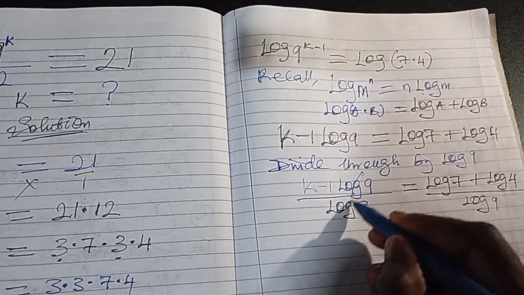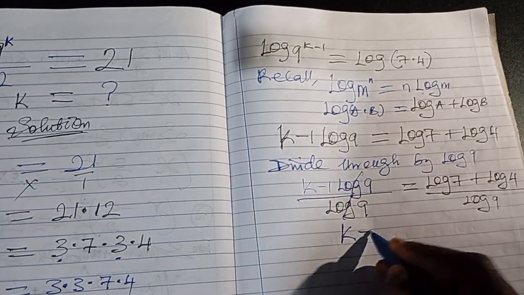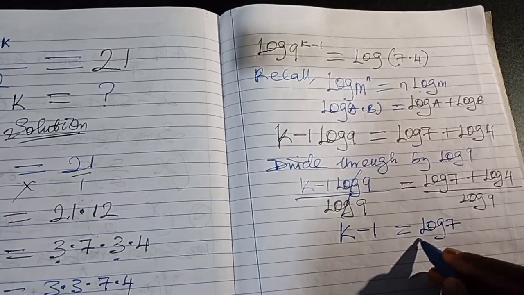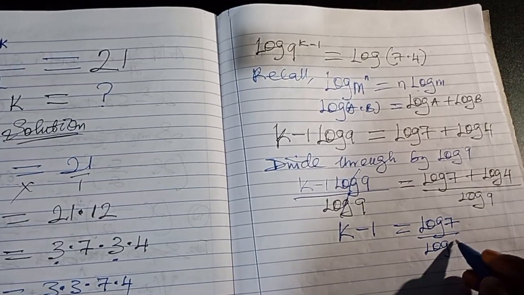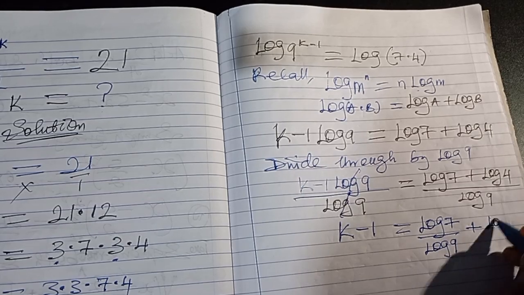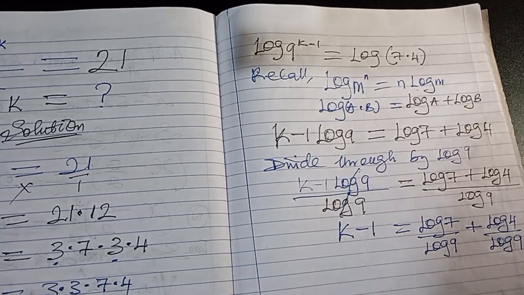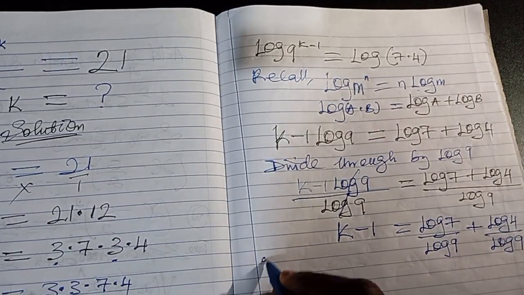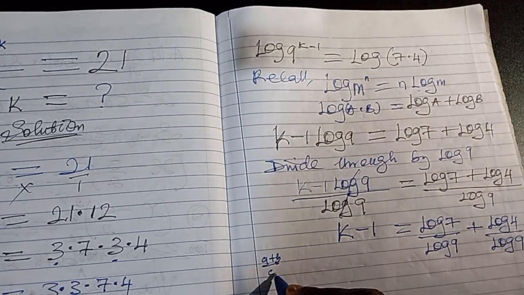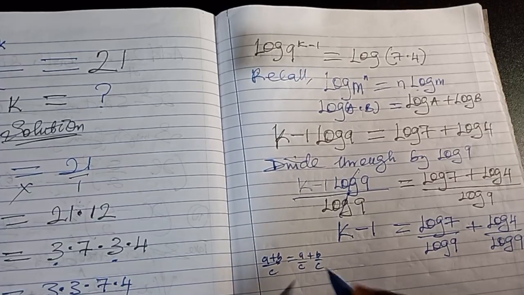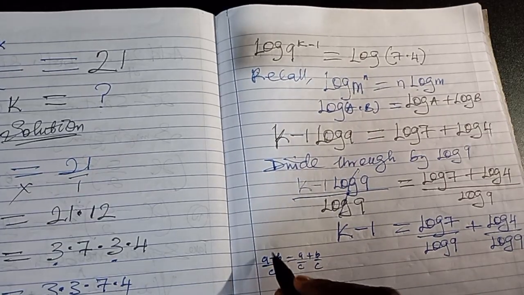So this can cancel. I'll have k minus 1 is equal to log 7 divided by log 9 plus log 4 divided by log 9. Yes, here now when you have A plus B divided by C, it is the same as A over C plus B over C. Good. That is what I have done.